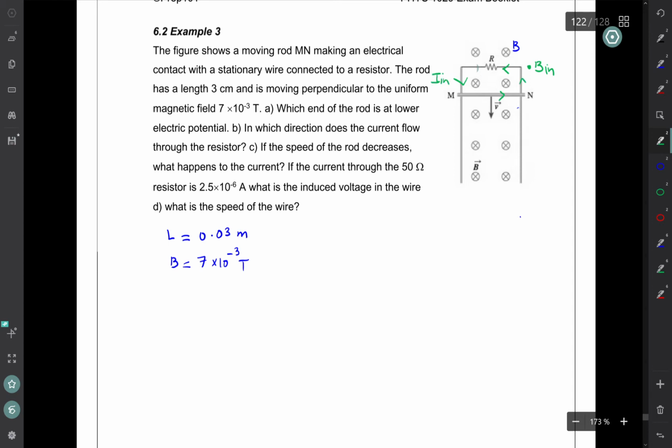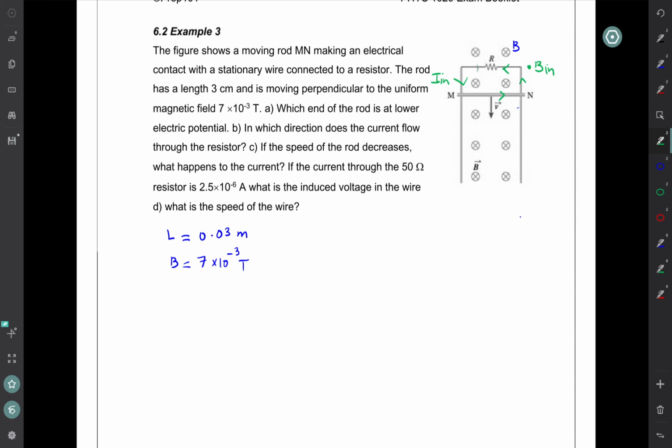Remember, when you're using your right hand rule, you could have your thumb in the direction of the magnetic field, curling your forefingers in the direction of the current, or you could switch them. You could have your thumb in the direction of the current, and curling your forefingers will show the direction of the magnetic field. Either one would work.